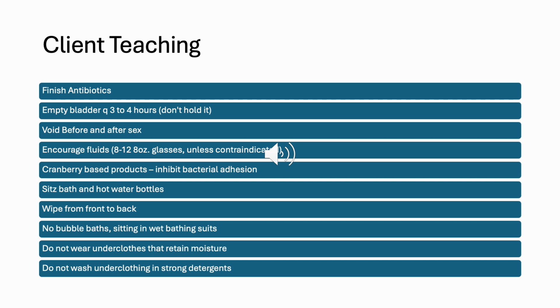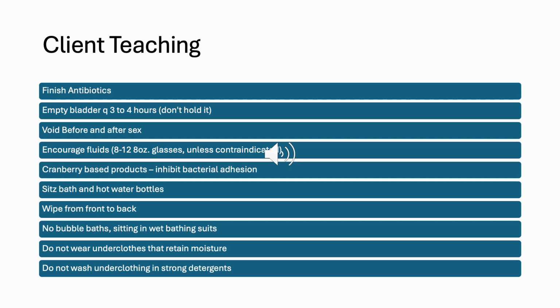Here are the patient teaching topics. Obviously, finish all antibiotics. Don't just stop when you start to feel better. Empty the bladder every 3 to 4 hours. Don't hold it. Void before and after sex. That's why women, usually at the ages of 20 to 30, are the largest demographic getting UTIs. Encourage fluids.